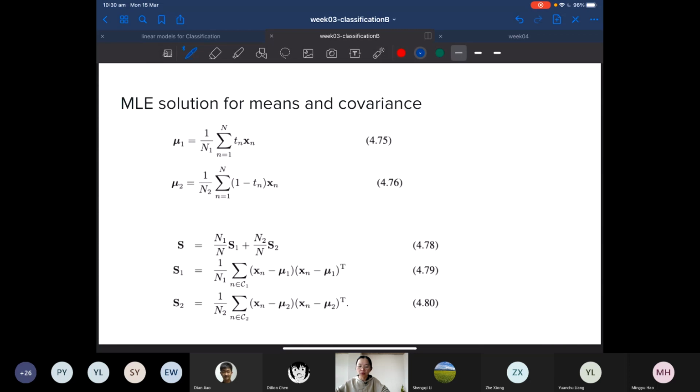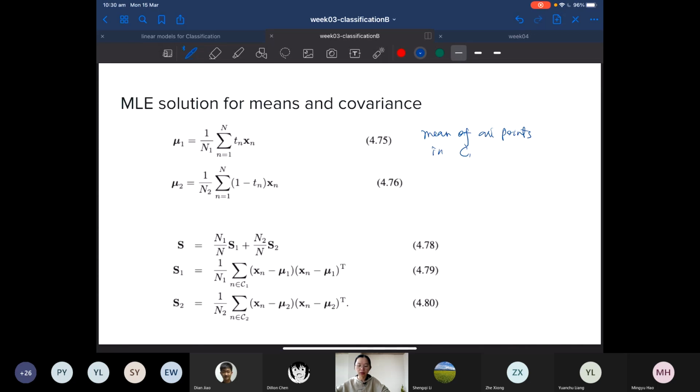The first, mu1, is basically the mean of all points in class 1. And mu2 is the mean of all points in class 2. So that's intuitively making sense.